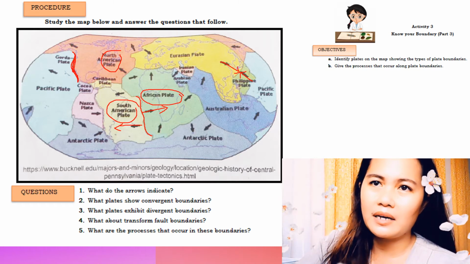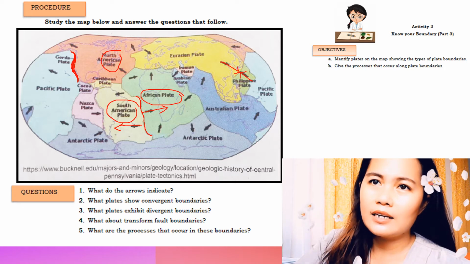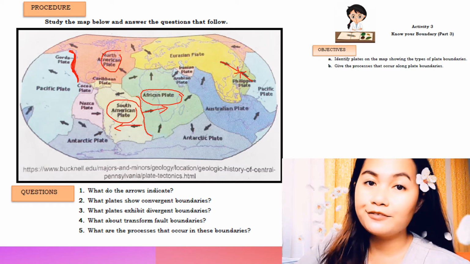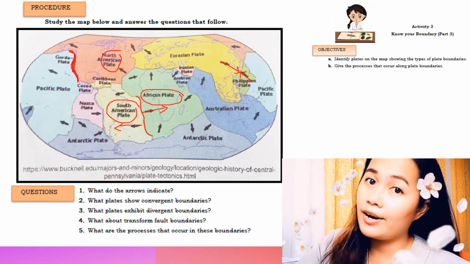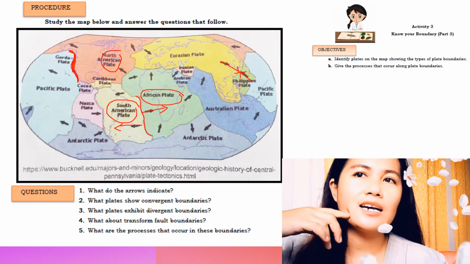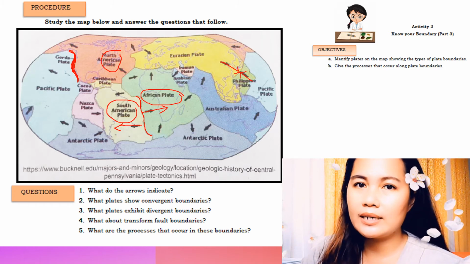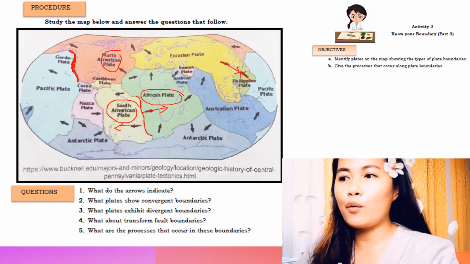Wala lang ipakita ani nga figure. Ania diri ang pinaka-famous nga transform fault called the San Andreas Fault. It's an example of a transform fault boundary. It is found in Los Angeles, California.